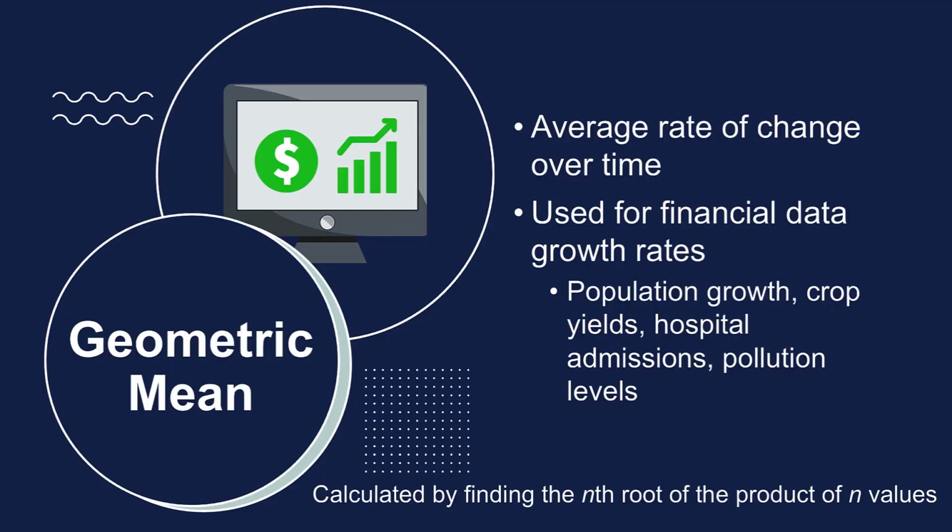The hospital has a certain number of beds, and if the hospital discharges 10 patients on Friday, that means there are 10 available beds for intakes over the weekend. But if only 2 people get discharged, there's only 2 beds available, that will limit the number of intakes. So number of intakes was also a function of the number of discharges. And in that case, we used a geometric mean to adjust for those fluctuations, giving us a much more accurate mean to use for our predictions and for our planning.